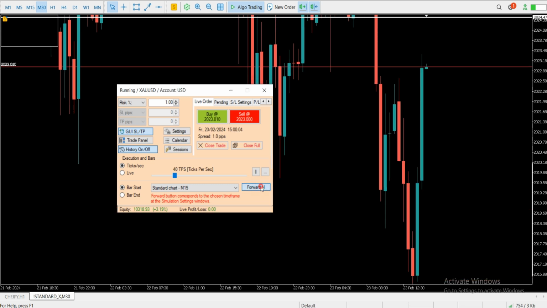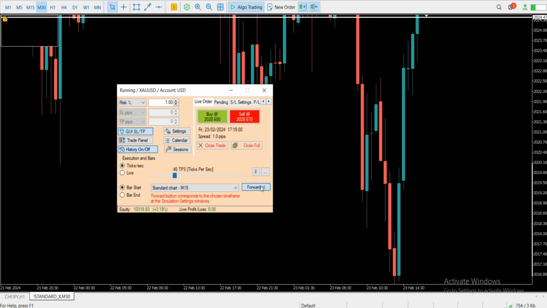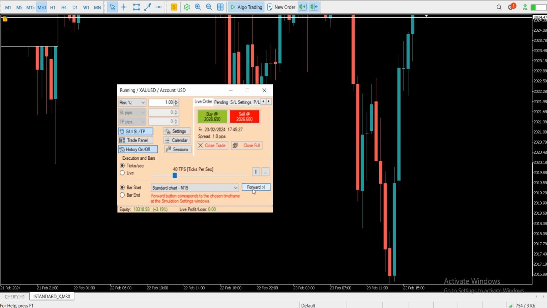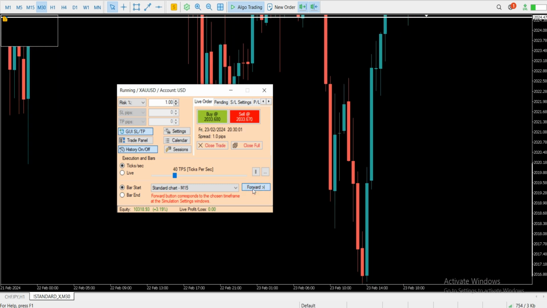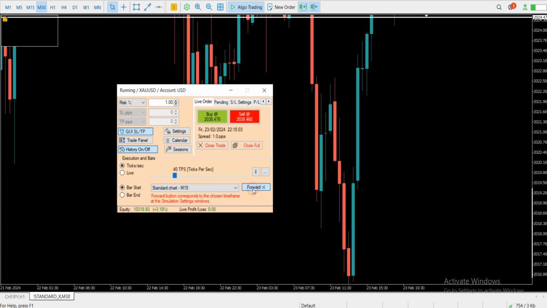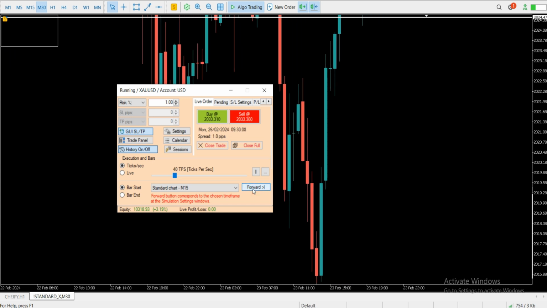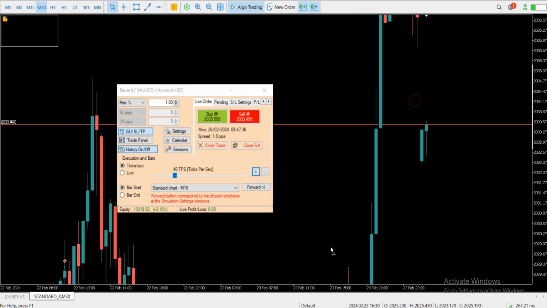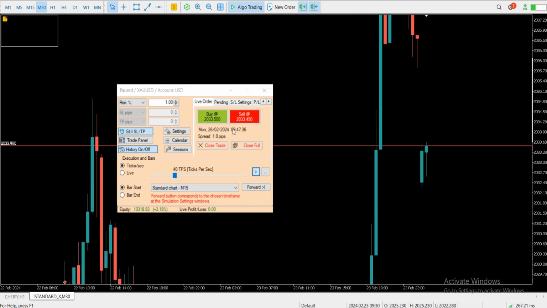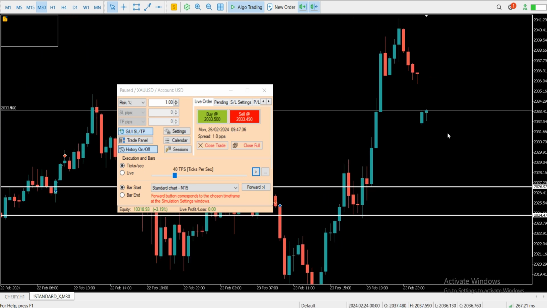Forward the candle and moving on to the next week. It's Friday, so moving on to Saturday, 9:45. Now I don't know why it didn't start from 8 o'clock. That's the problem. There's some sort of a gap.